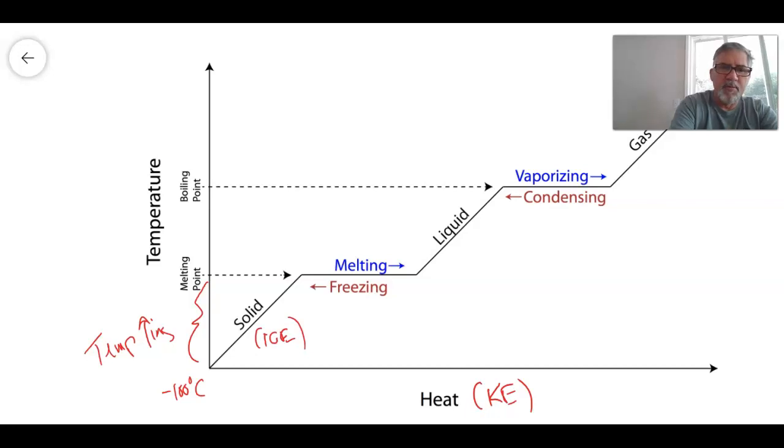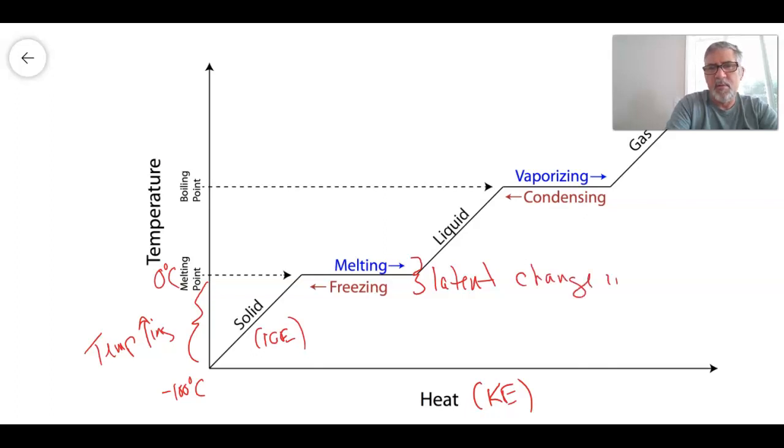Now, melting and freezing for water is 0 degrees Celsius. So once I get to 0 degrees Celsius, I get a phase change. As long as I keep increasing kinetic energy, I start to melt that ice. You'll notice that melting and freezing occur both at 0 degrees Celsius. At melting, the kinetic energy is just being used to change the phase. This is what they call latent change in heat.